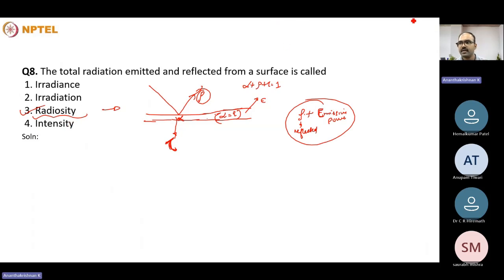Then the first part is irradiance, and the second one is irradiation. Irradiance is actually the instantaneous power of radiation falling on a unit area. So basically, it is watt per meter squared, and that is instantaneous.